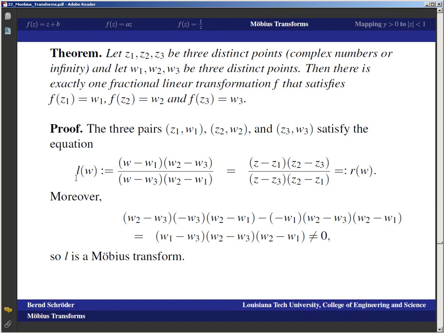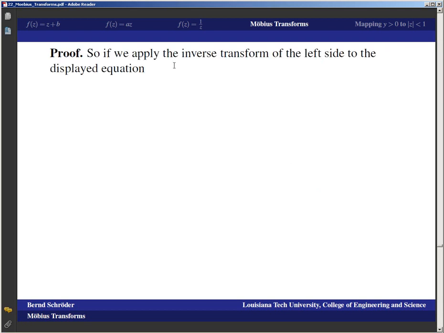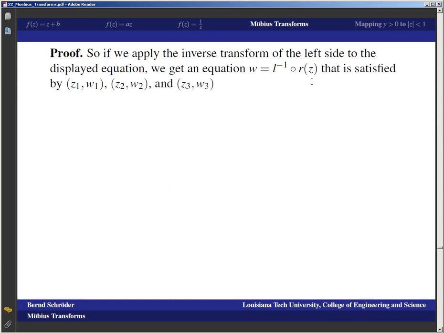And so that means that L is a Moebius transform, and the same argument with z's replacing w's shows that R is a Moebius transform also. But that means if we apply the inverse transform on the left side to the displayed equation, we get the equation that w is L inverse composed with R of z, which is a Moebius transform that is satisfied by z1, w1, z2, w2, and z3, w3.